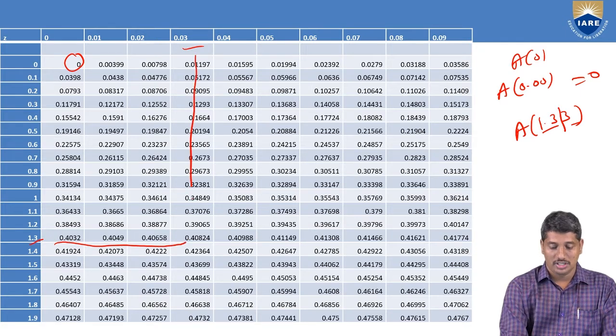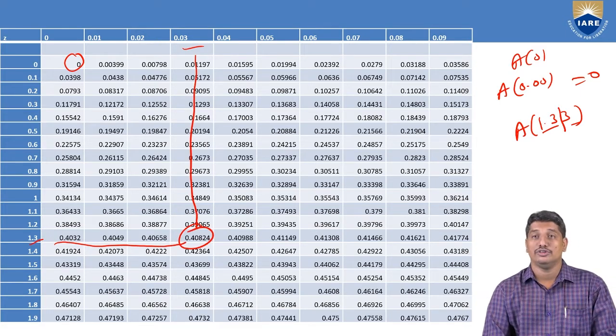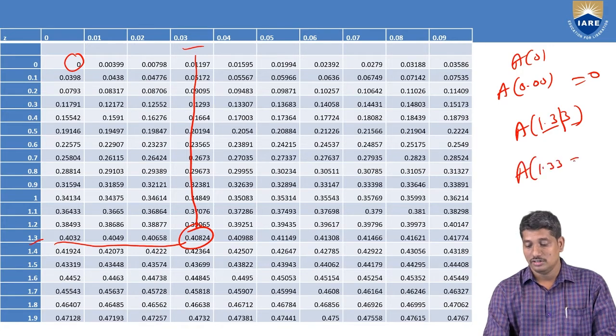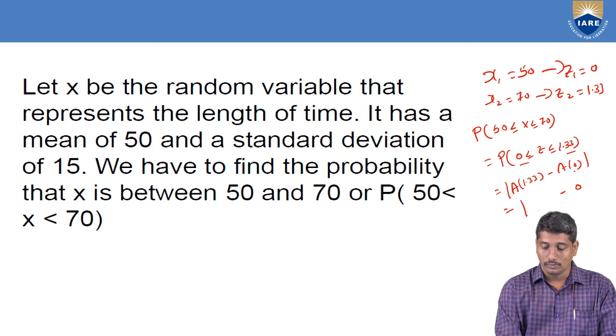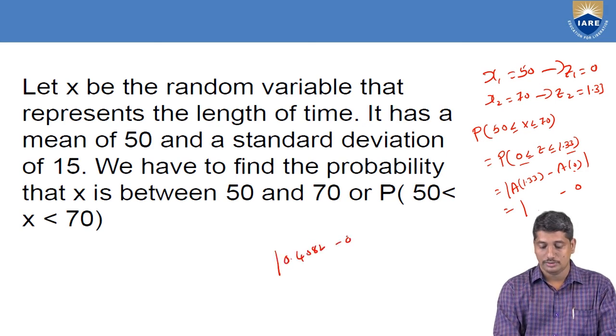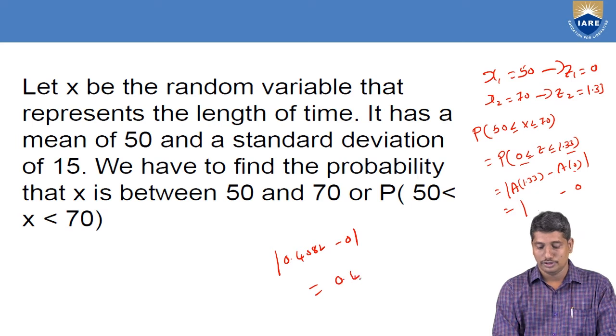Both will meet at this number 0.40824. That is, A of 1.33 is 0.408. So the answer for that problem will be 0.4082 minus 0, that is equal to 0.4082.